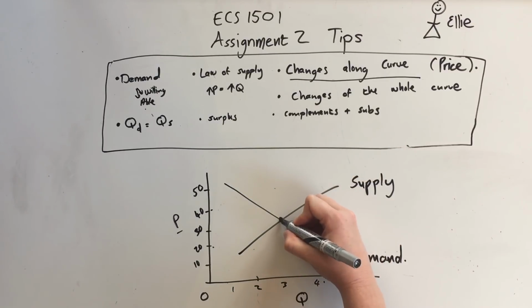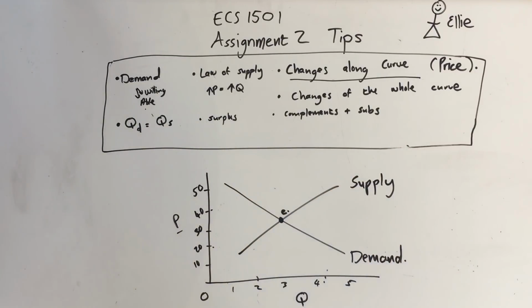Where they meet is the equilibrium point. Now for demand, if price changes, the quantity changes. But demand can also change due to external factors. For example, if the weather suddenly changes and more people want something, or due to population growth there are more people, or if a substitute product becomes more expensive. That is not a change in price, that is a change of overall demand.